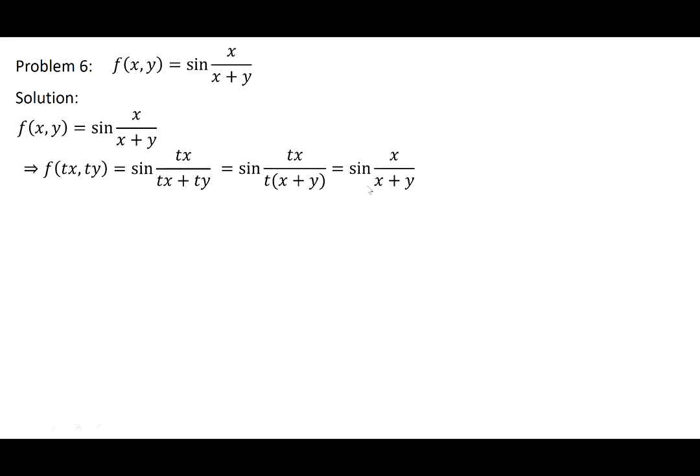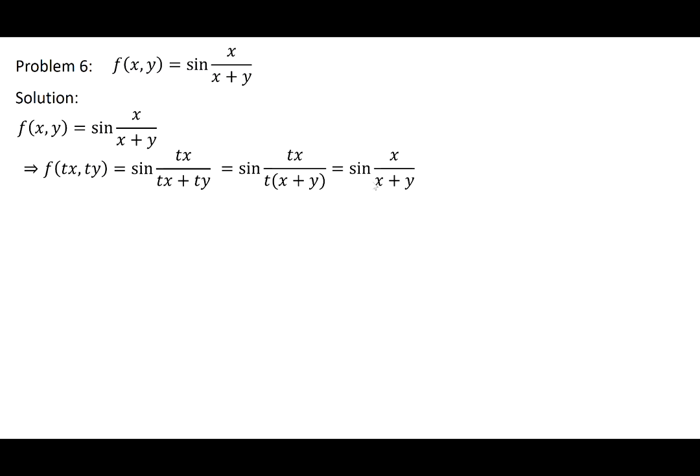Okay. Is this related to f of xy? Can we write this as t to the n times f of xy? Hey, wait a minute. This is just f of xy. F of tx comma ty equals f of xy. There is no t to the n. Or is there? Can you write f of xy as some kind of t to the n times f of xy?